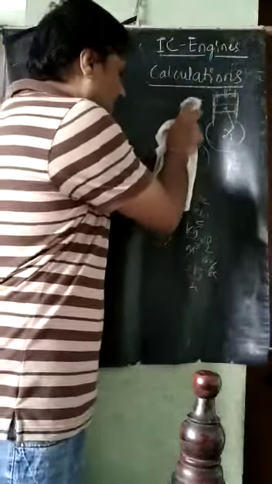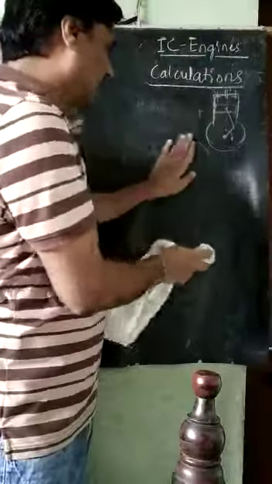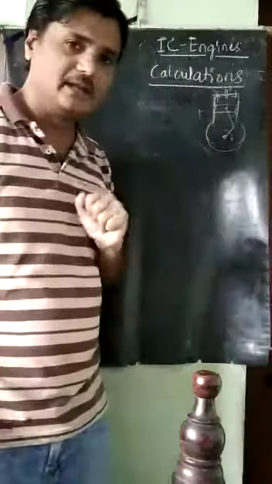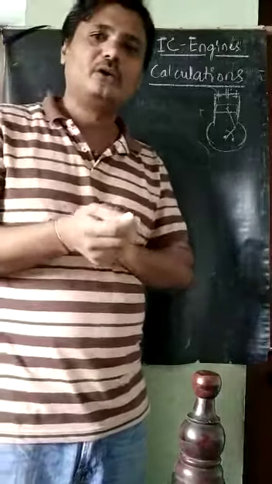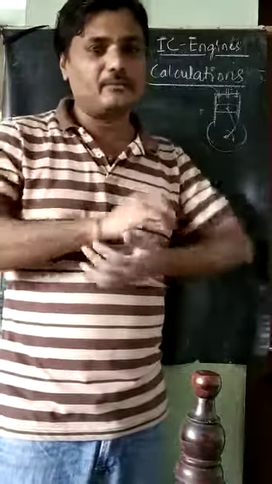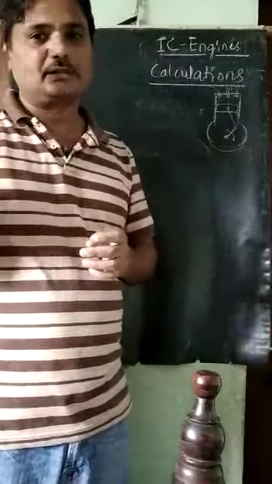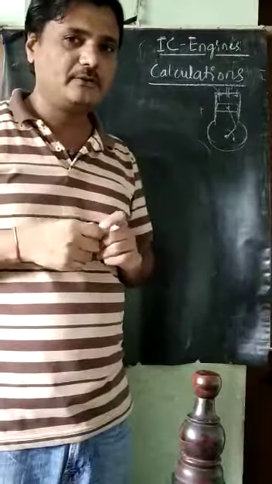So once the energy is inputted to the cylinder, what is next? Next, the burning of the fuel takes place. After that the thermal energy, meaning heat, will be released.